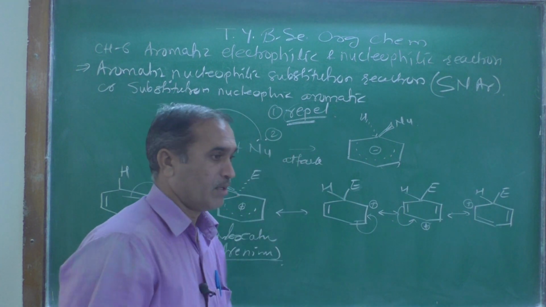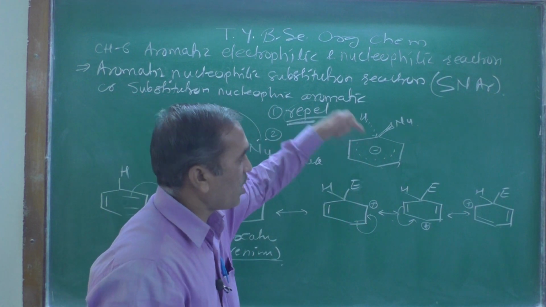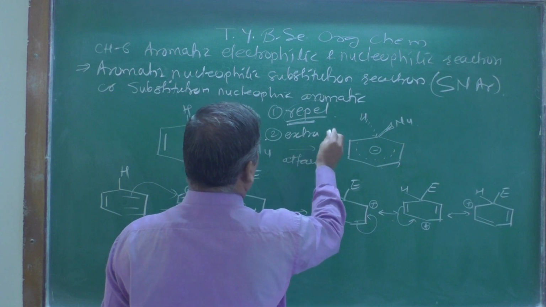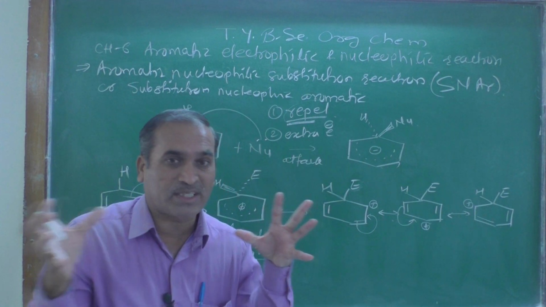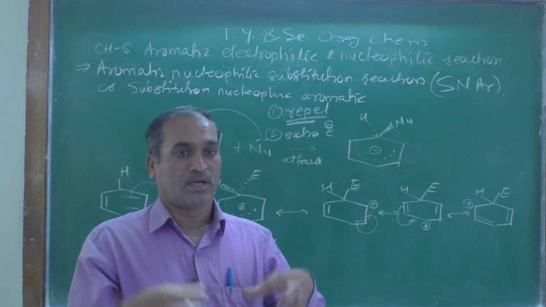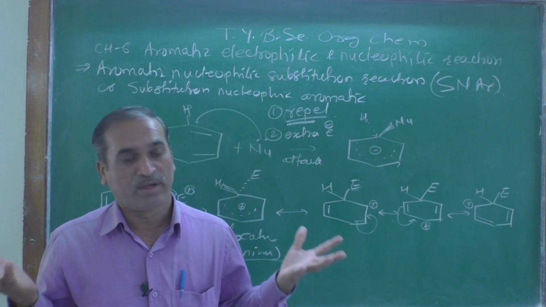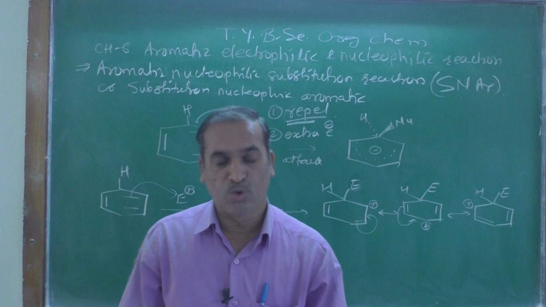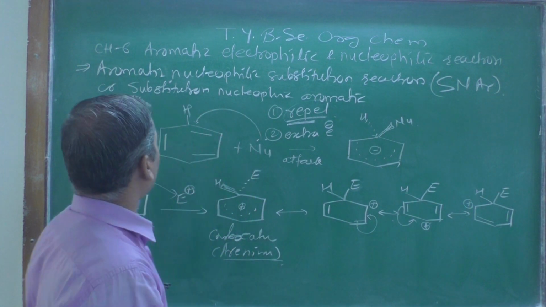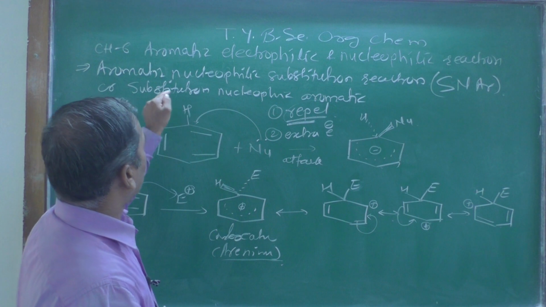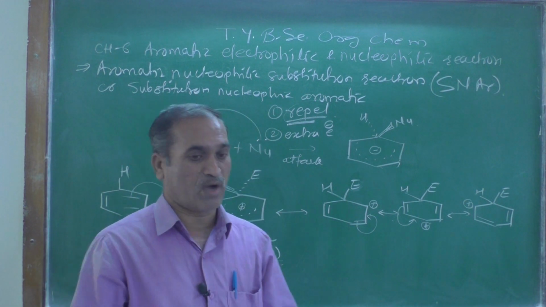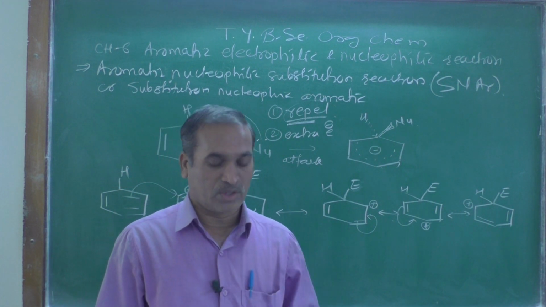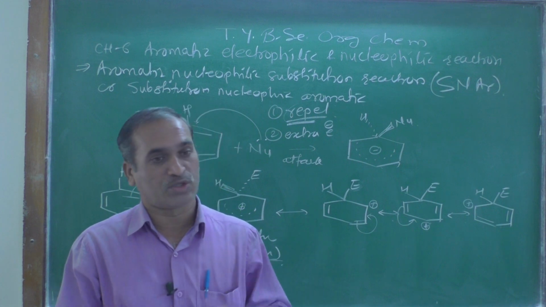And second, the pi cloud: extra electrons cannot be accommodated in the benzene sextet. These two reasons strongly oppose the nucleophilic substitution reaction. That is the reason why nucleophilic substitution is difficult. You must remember these two reasons.